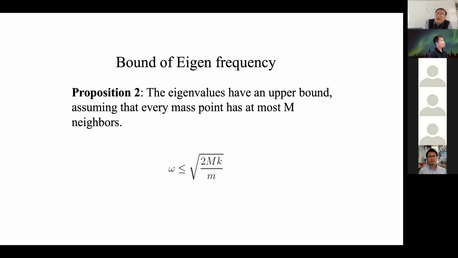Generally speaking, the average is about 6. You may have triangles with bad aspect ratio, so you can have M as high as 11 or 12. But on average, the number of neighbors is 6. So that gives you the upper bound.